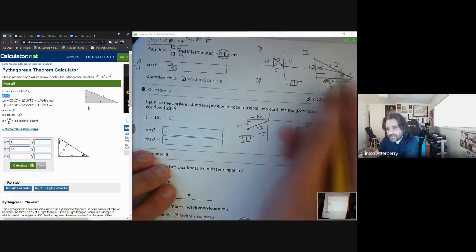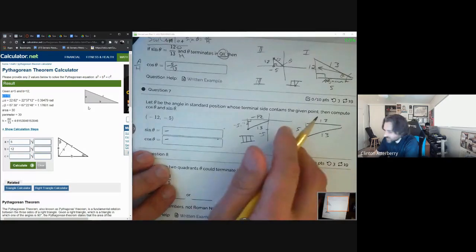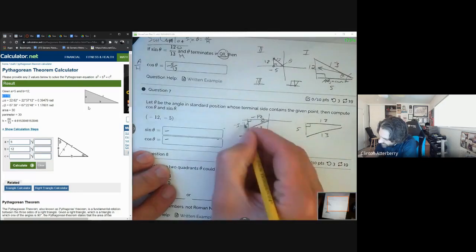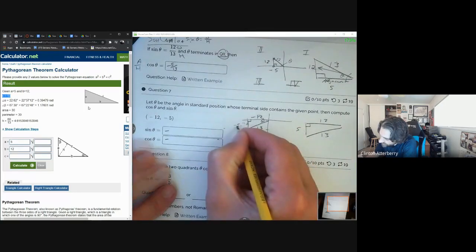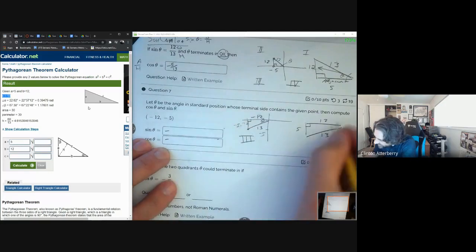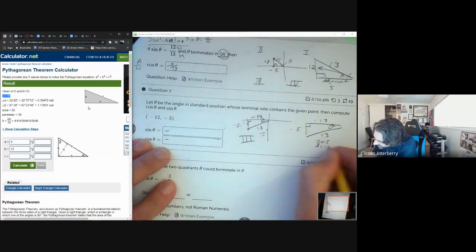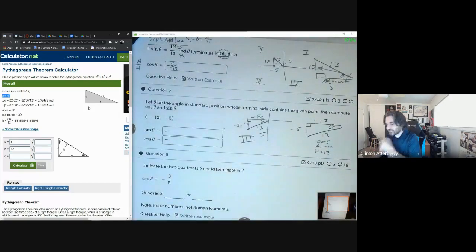5, 12, 13 triangle. Okay, so from this angle here, the opposite is negative 5. The adjacent would be negative 12. And the radius, the hypotenuse, would be 13. Okay, that one's always going to be positive.